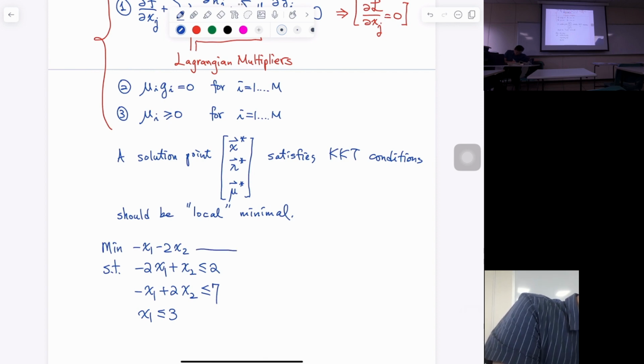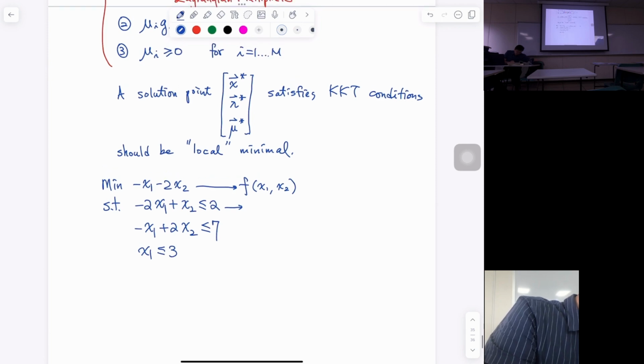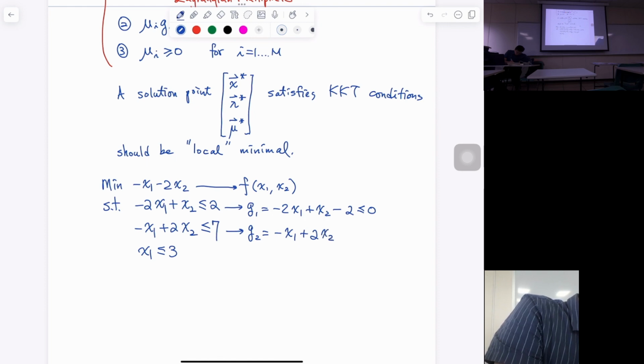So this is my f of x1 and x2, that's fine. But in this case, I need to convert. My g1 would be negative x1 plus x2 minus 2 smaller than 0. And my g2 would be negative x1 plus 2x2 minus 7 smaller than 0.